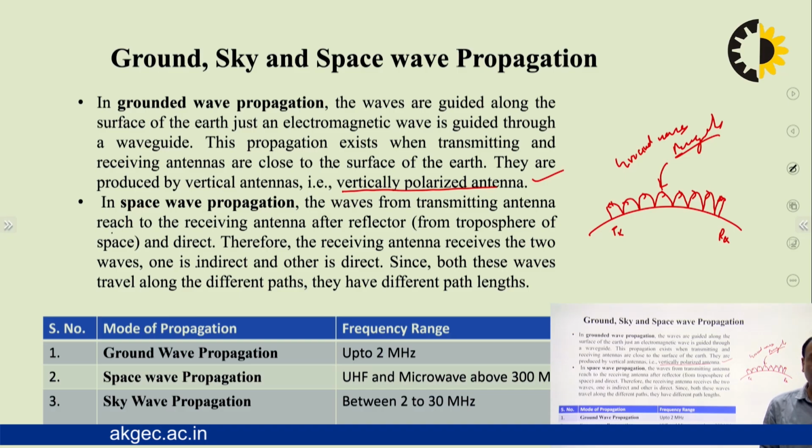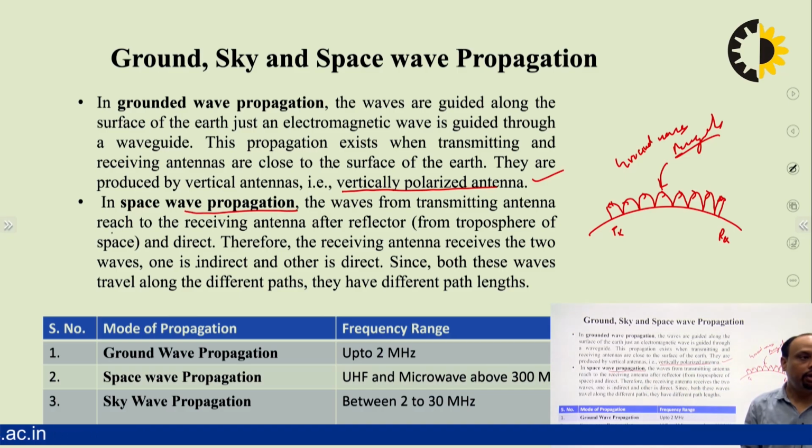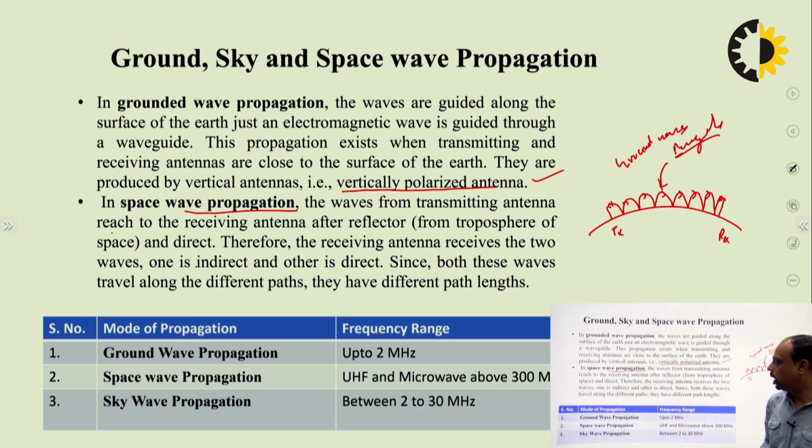This is not very much used currently, but it is one of the ways of propagation of the wave. The second is space wave propagation, which is very much in use in today's scenario, in which the troposphere is used as the medium of transmission of the electromagnetic waves. There are two types of wave in this propagation.